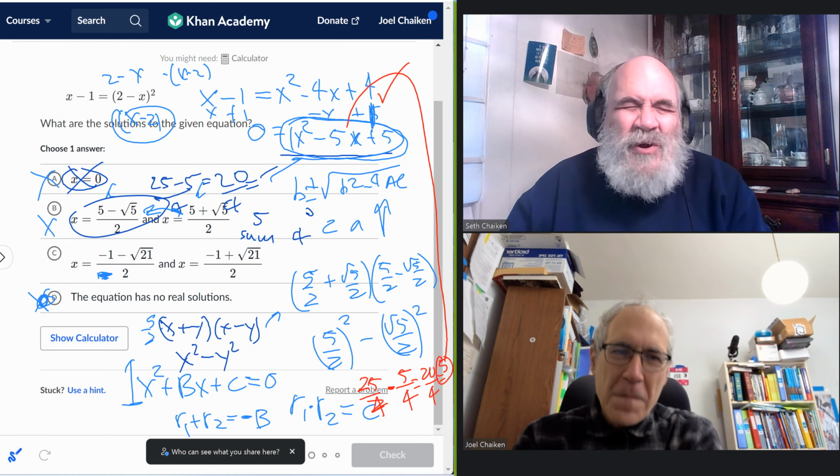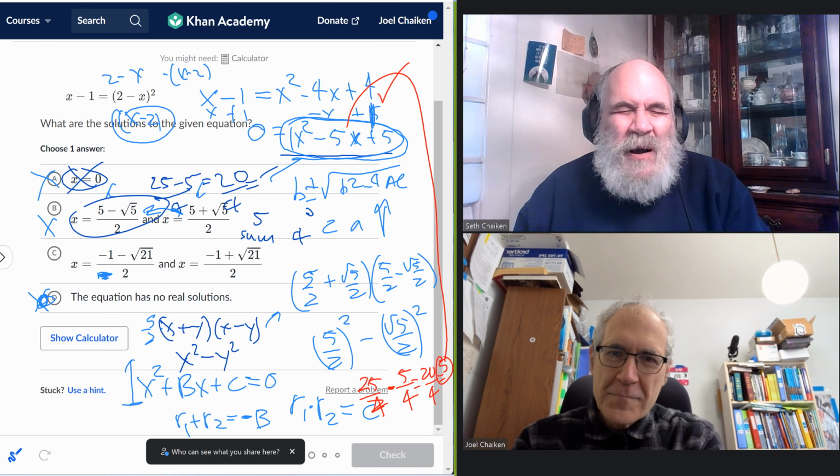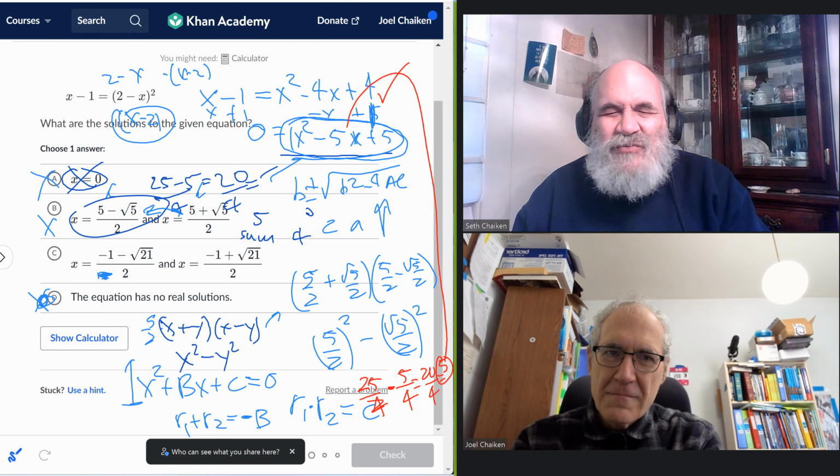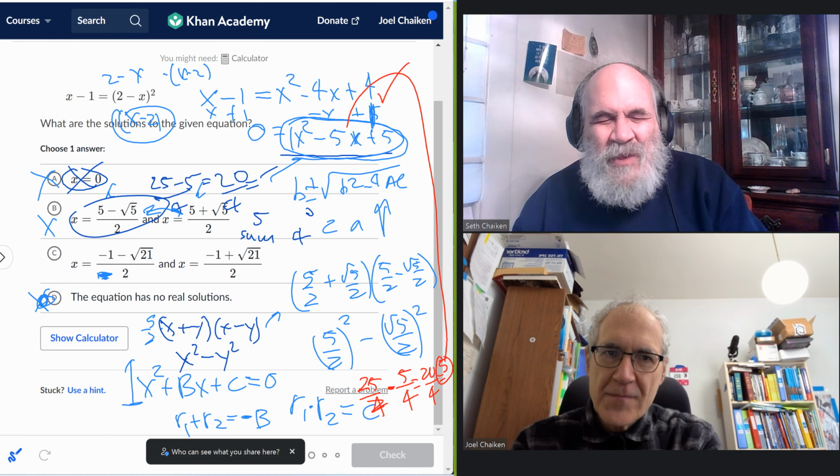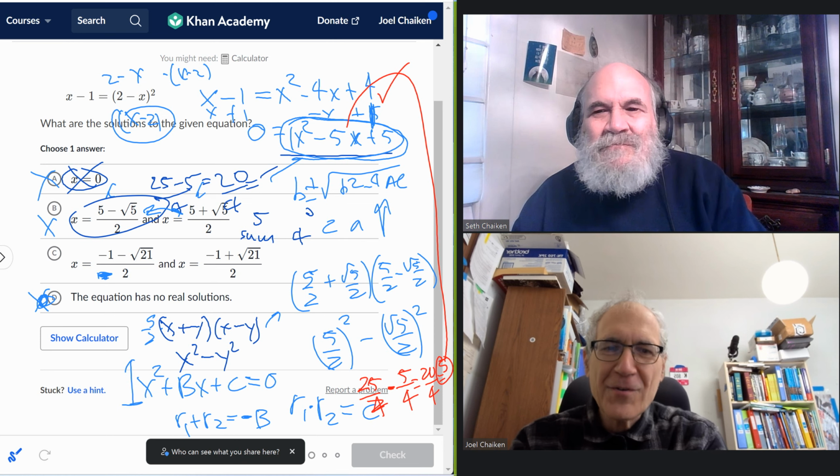But do a search on DuckDuckGo or Google for polynomials, roots, coefficients. The relationship of coefficients of polynomials to their roots.